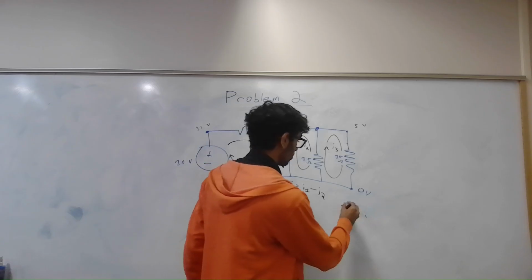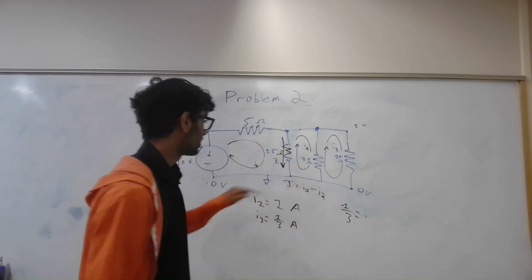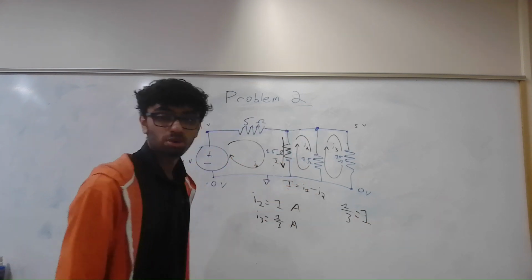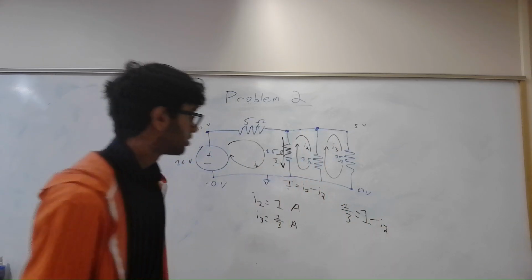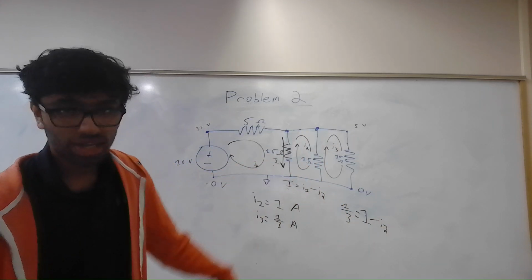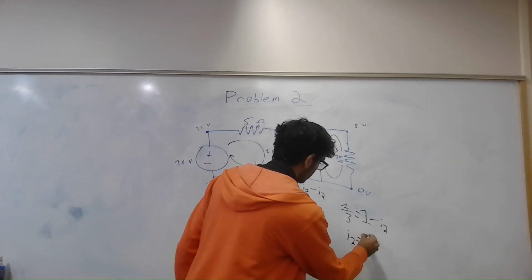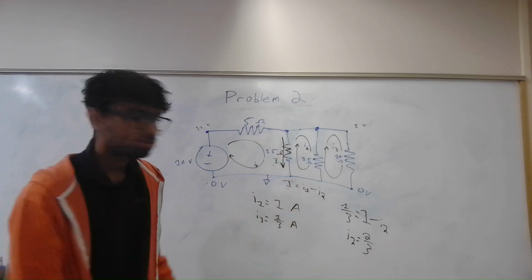So 1/3 equals I1, which is 1 amp, minus I2, which is what we don't know. So add I2 to both sides, subtract a third from both sides, and you get I2 equals 2/3 of an amp.